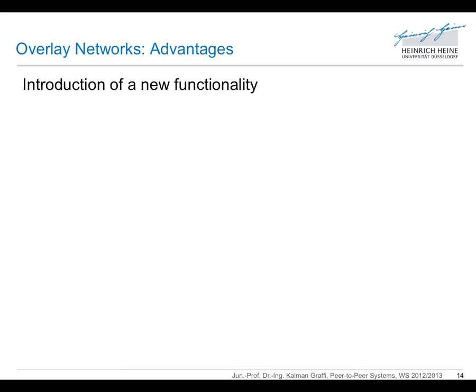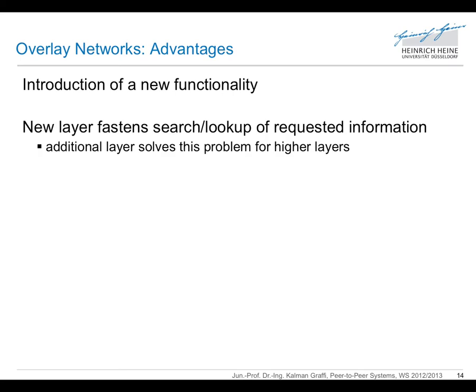Okay, what's the good part? They introduce new functionality, and you do not have to change the whole IP network to introduce it. All of the nodes who want to have this functionality participate in the overlay and have the functionality, and all others who don't want to are not bothered.